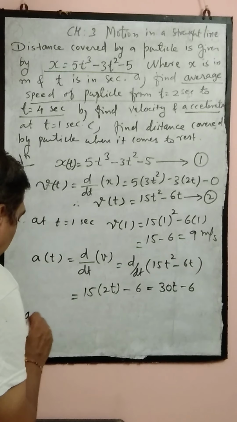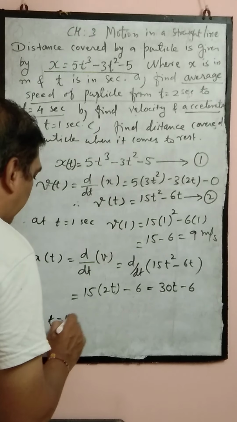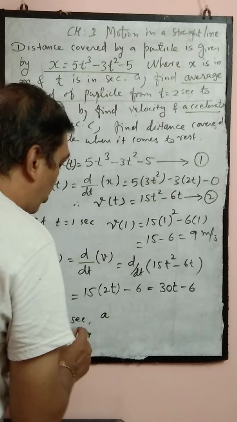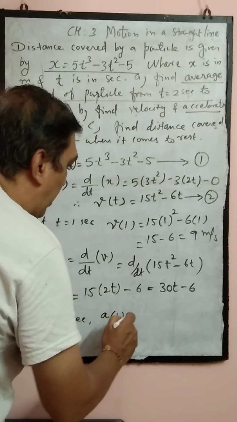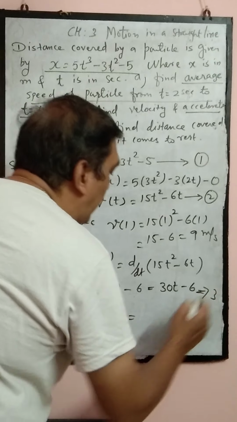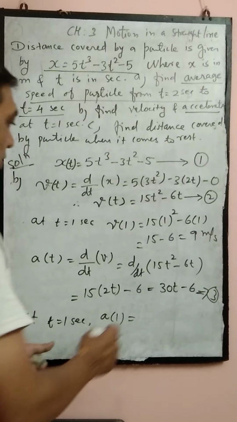But the question is to find the acceleration at 1 second. So at t equal to 1 second, substituting t equal to 1, what will we get? Acceleration at 1 second is equal to, here this is equation number 3. In equation number 3, we are just substituting the value of time t.